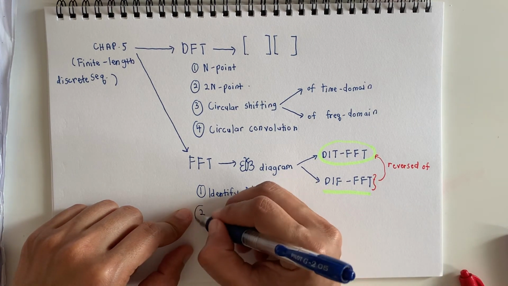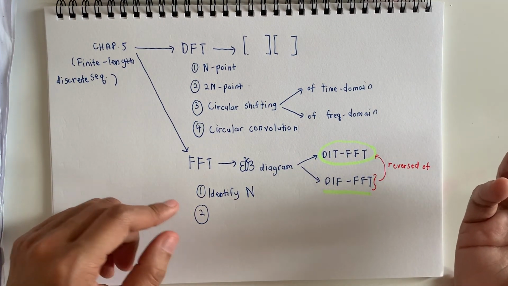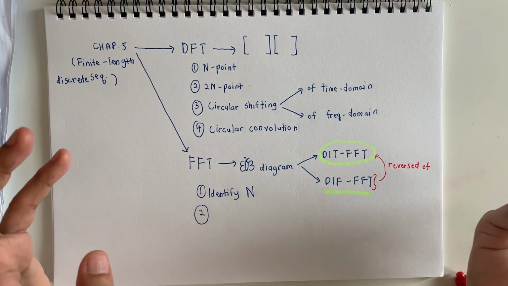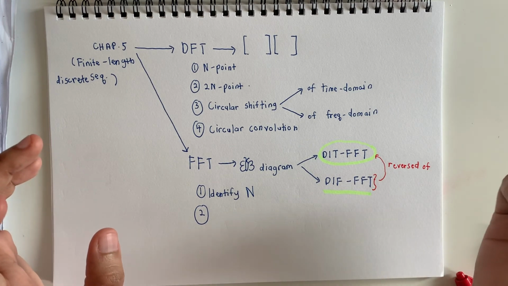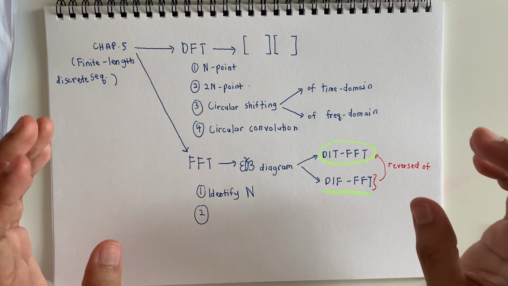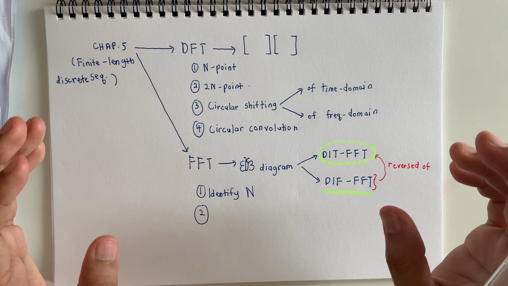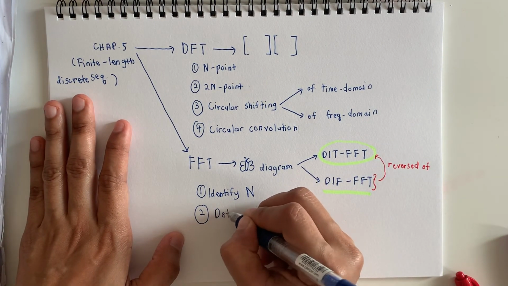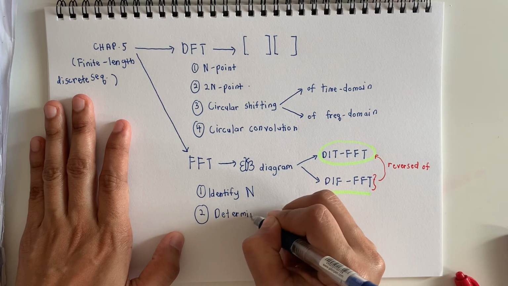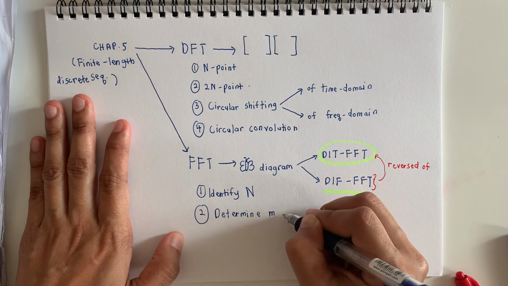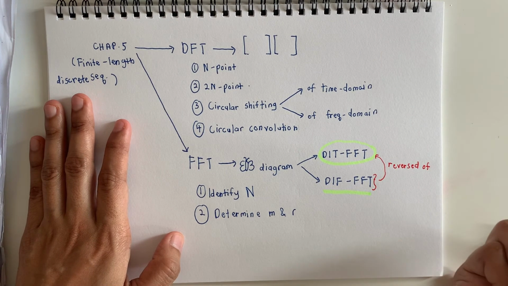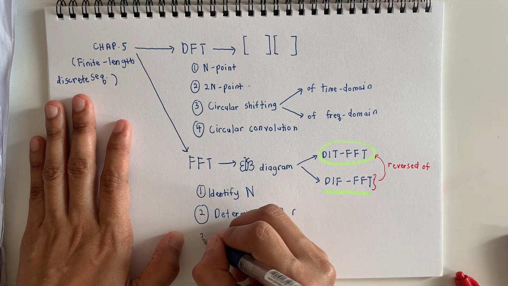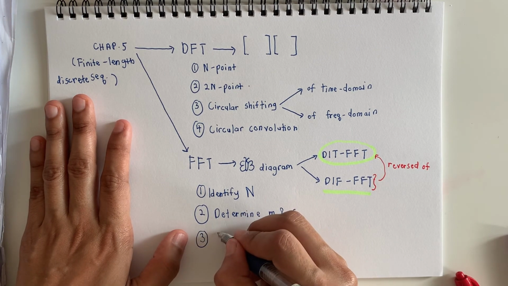If the question didn't state the length or N-point, you can determine the capital N value based on the given range. Next you need to determine M and R, the number of stages.